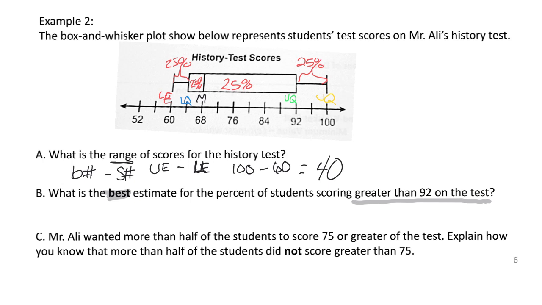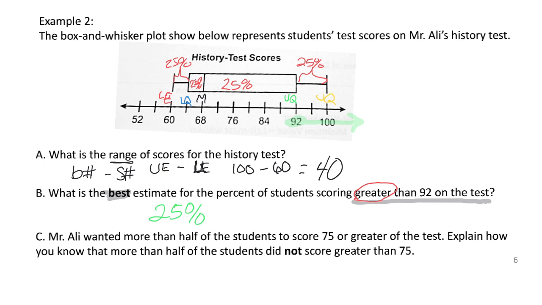So 25% of the data is in between 60 and 64, or from 68 to 92. That's a big range, but it just depends on what your data looks like. So for scoring greater than 92, only 25% of our data is greater.